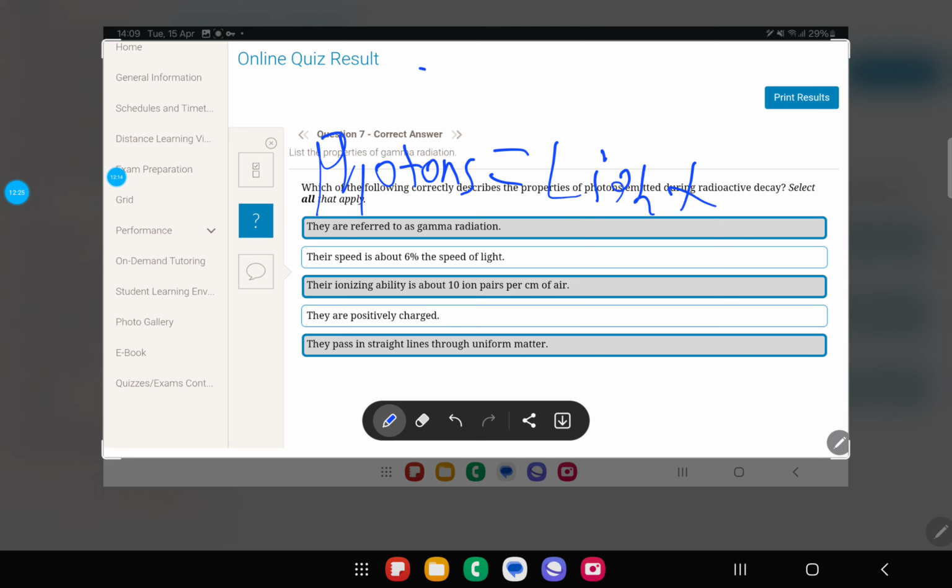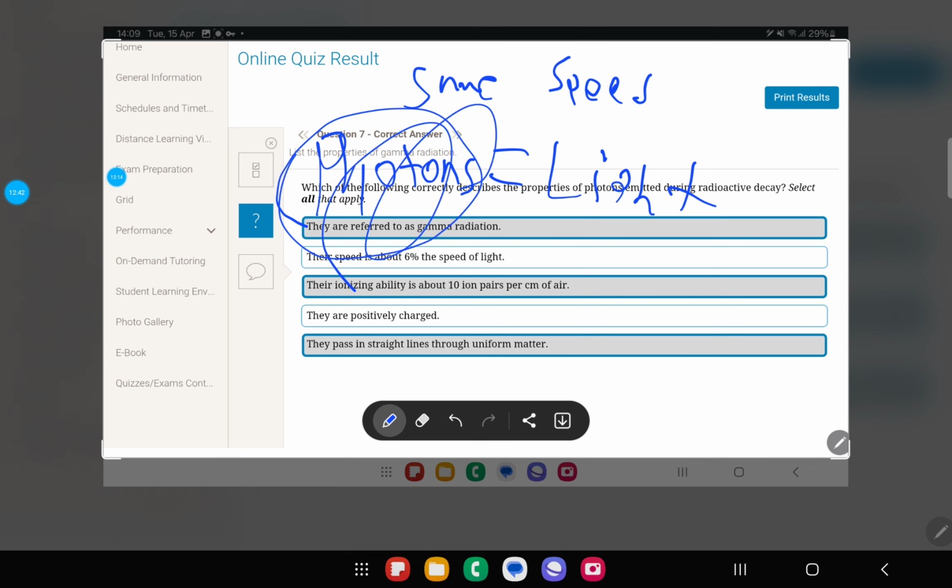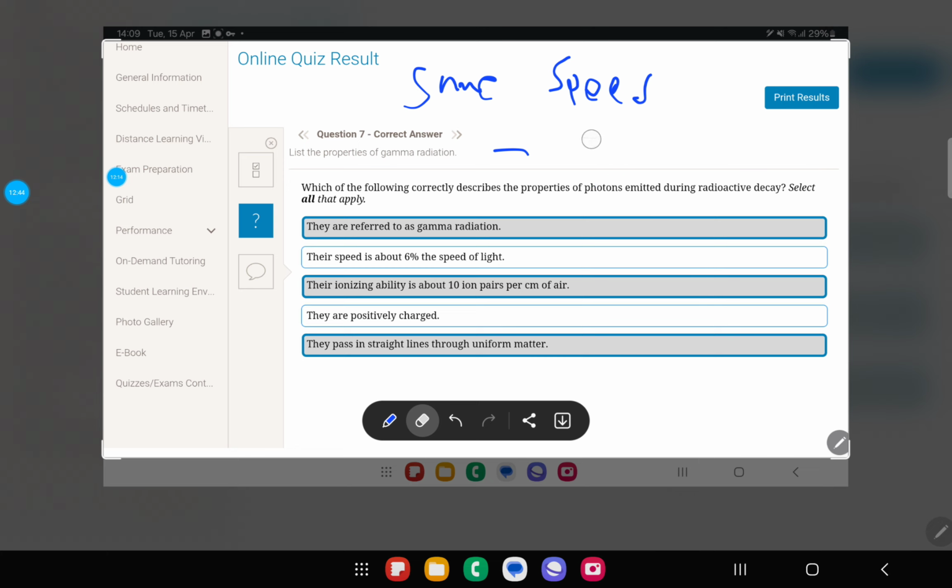They travel at the same speed, so the same everything. Okay? Because photons are what make up light. Alright, so they are very fast. So remember, photons are the particles that make up light.